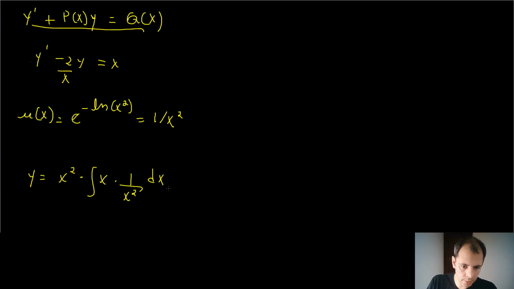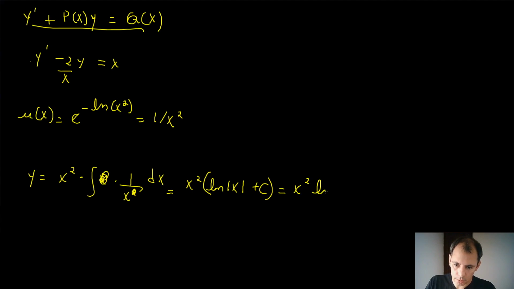So this is going to be equal to x squared times the integral of 1 divided by x with respect to x, because you simplify this, right? That is just ln of x plus c. So this is just going to be equal to x squared ln of x plus c x squared.